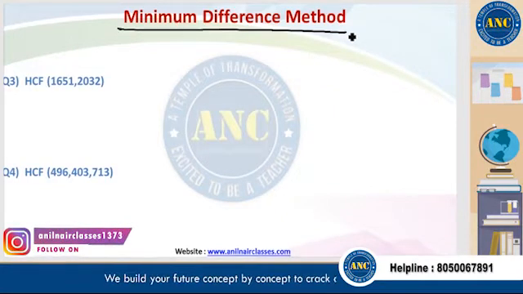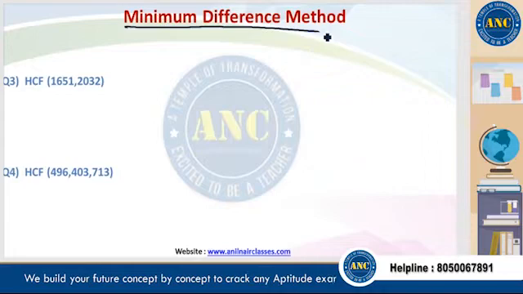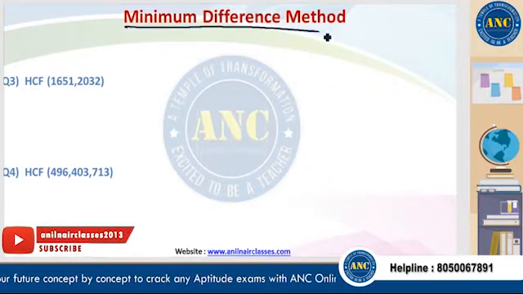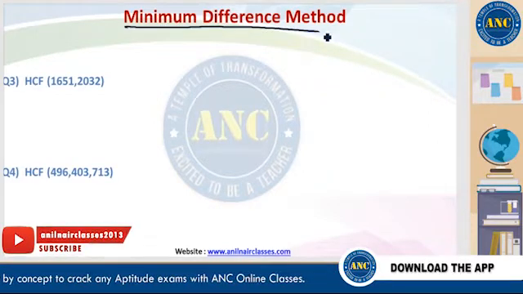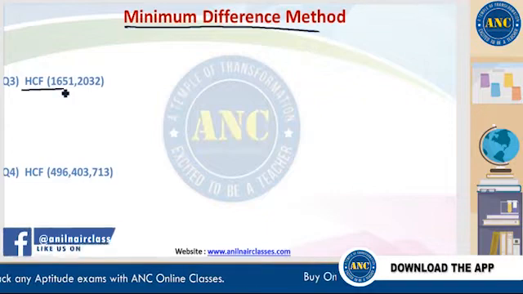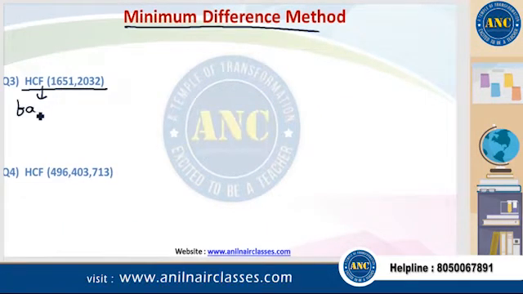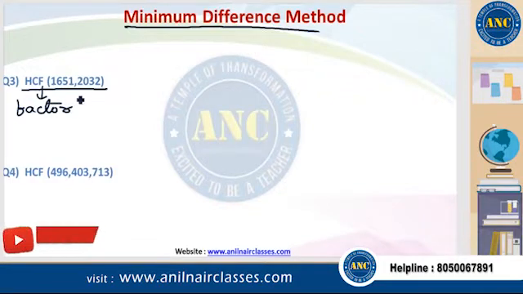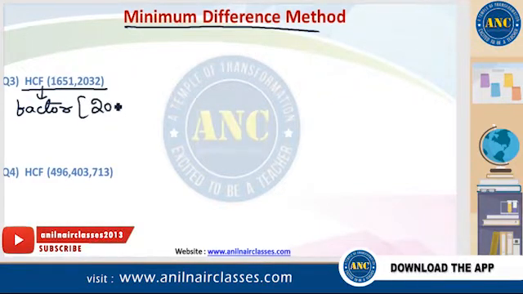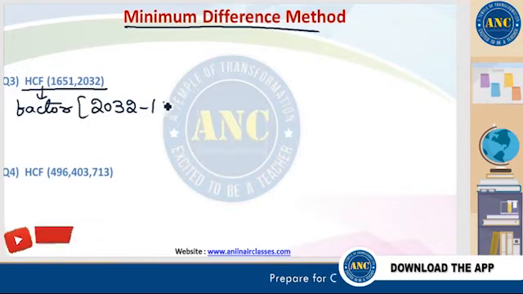Minimum difference method. HCF of 1651, 2032. The answer is an element in the set of factors of B minus A. So factors of 2032 minus 1651.